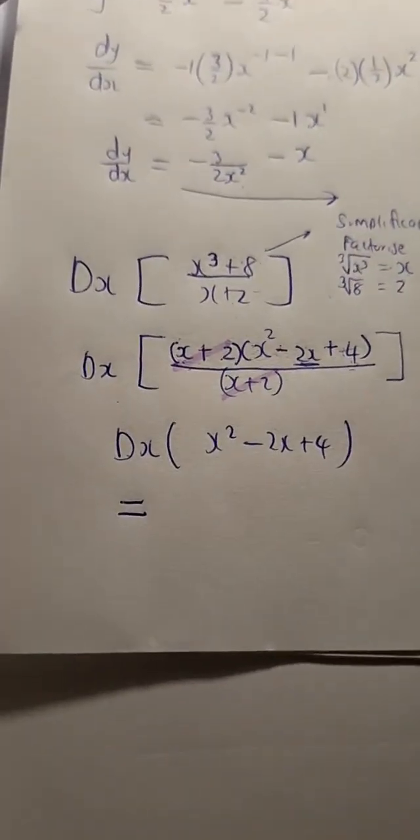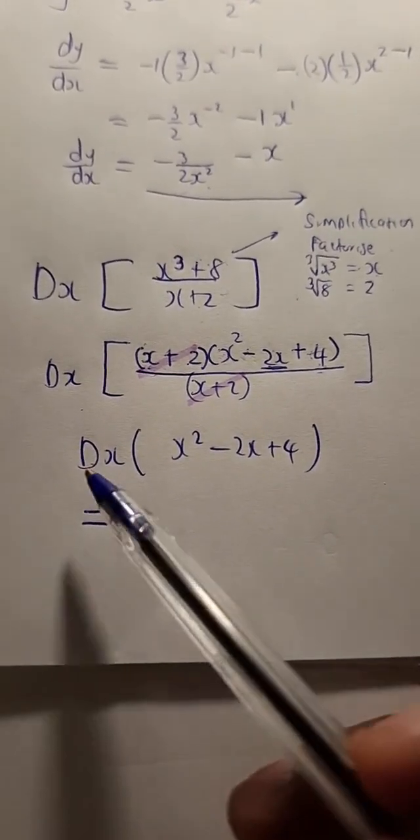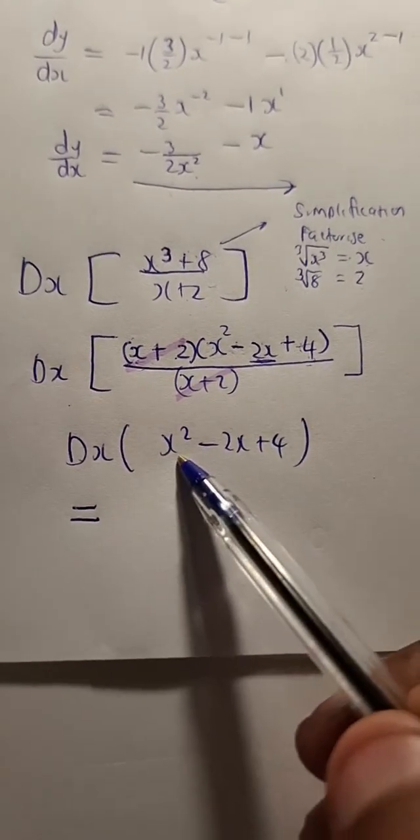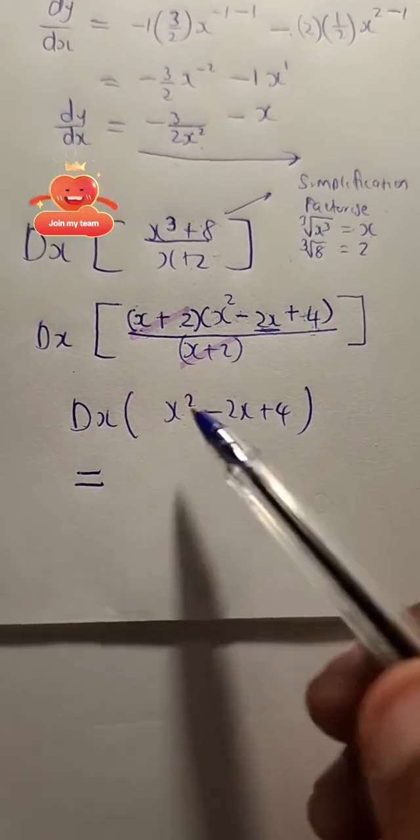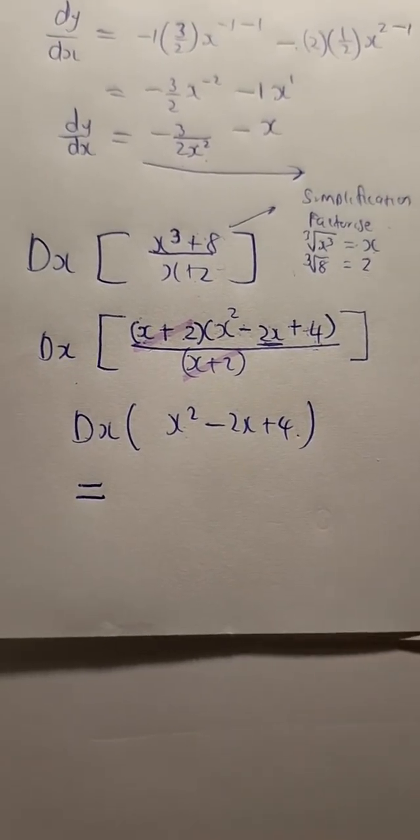So let's go. Now you just say equal. Why do you say equal? Because now derivation is happening. Dx disappears. You apply the derivative to the first term, the second term, and the third term. Are you with me? You apply the power rule.